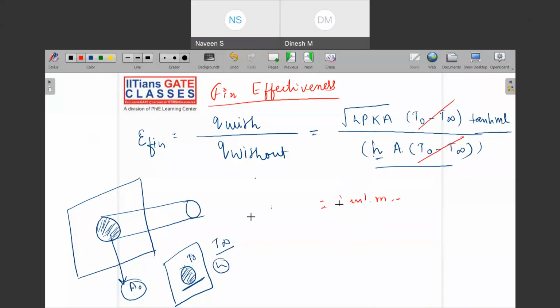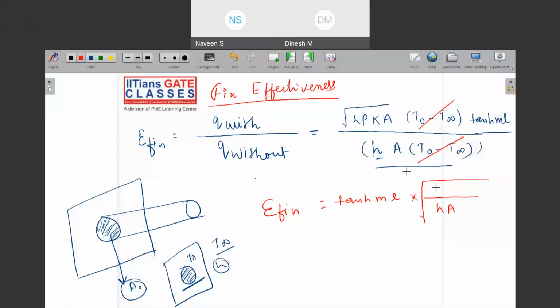Multiplied by the HA value is in the numerator, and this is having power 1 by 2, this is power 1 by 1. So this will come into the denominator. So can I write down this one as, this is nothing but HA and this is nothing but KP. So KP upon HA, can you see? So my effectiveness of fin is the ratio of this one.